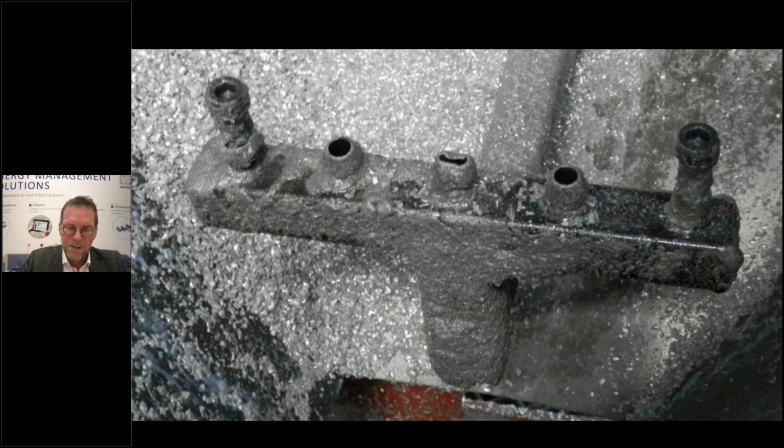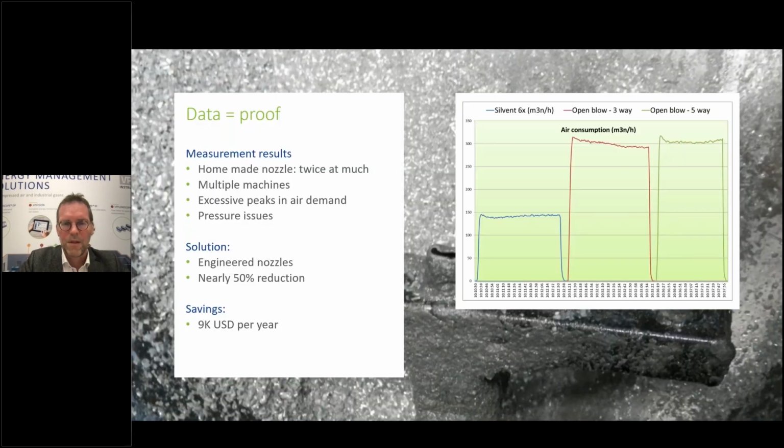Now, this was not looking very nice, so they thought, okay, let's talk to a local supplier of nozzles and see what they can bring. So here you see this graph where the airflow with a nozzle is almost cut in half. So they were able to save, in this case, 50% of the air consumption.